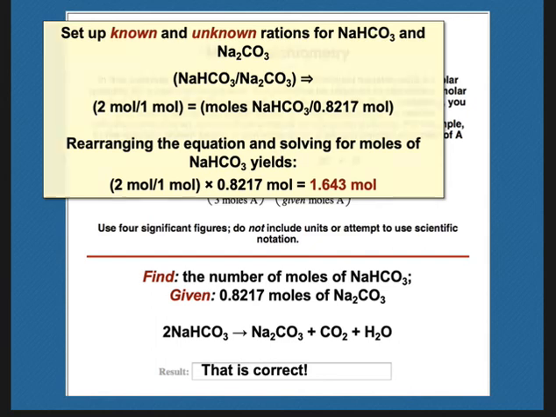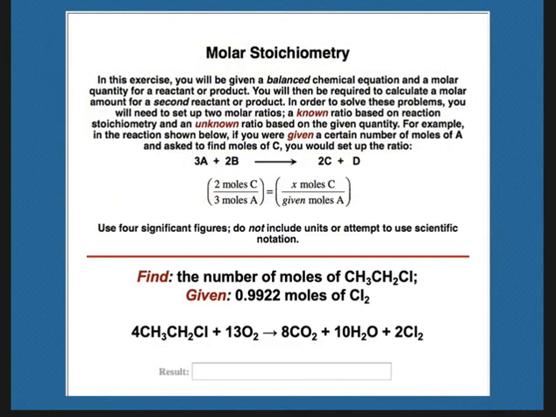I'll ask you one more. Go ahead and set up the ratio here. This is for chloroethane and chlorine. Chloroethane and chlorine.